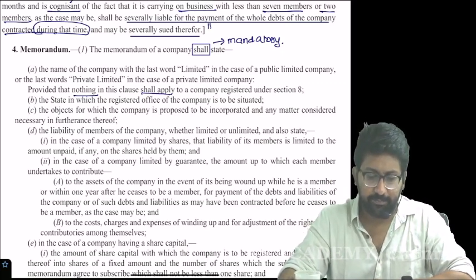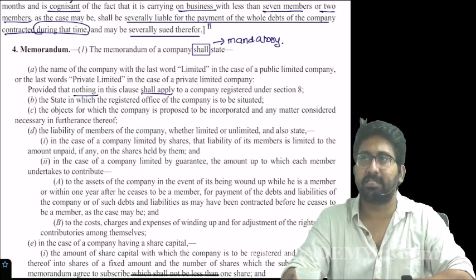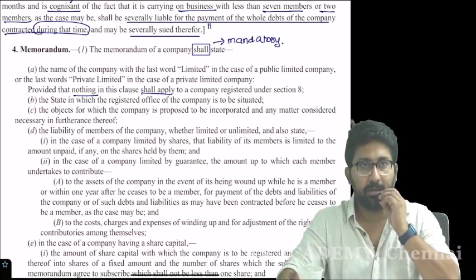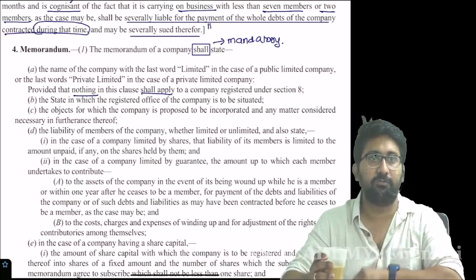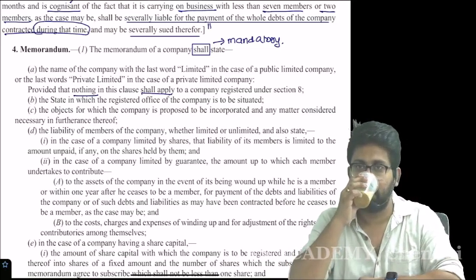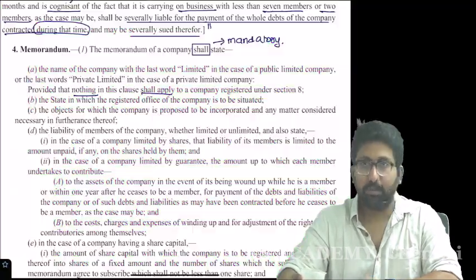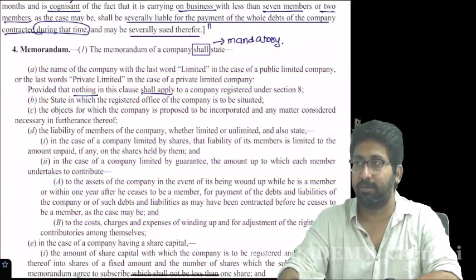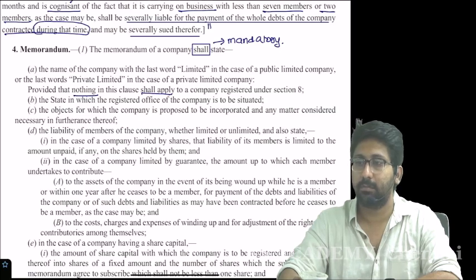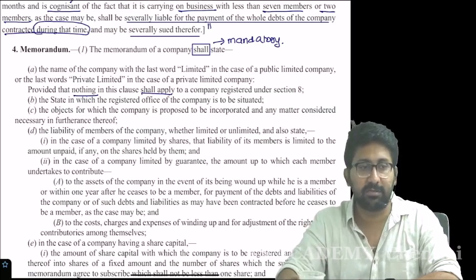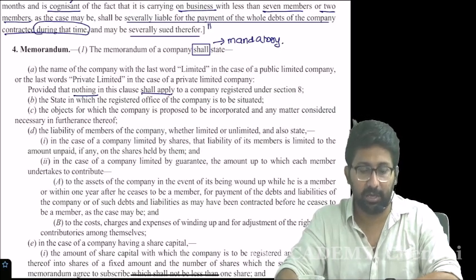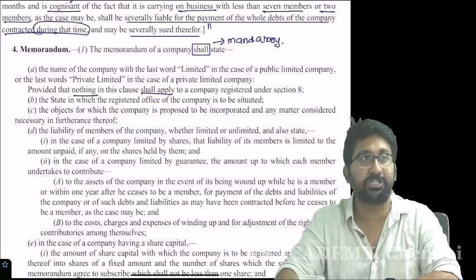Write down the answer. The beginning lines of section 4(1) use the words, keep it in quotations, "MOA of a company shall", write in caps.